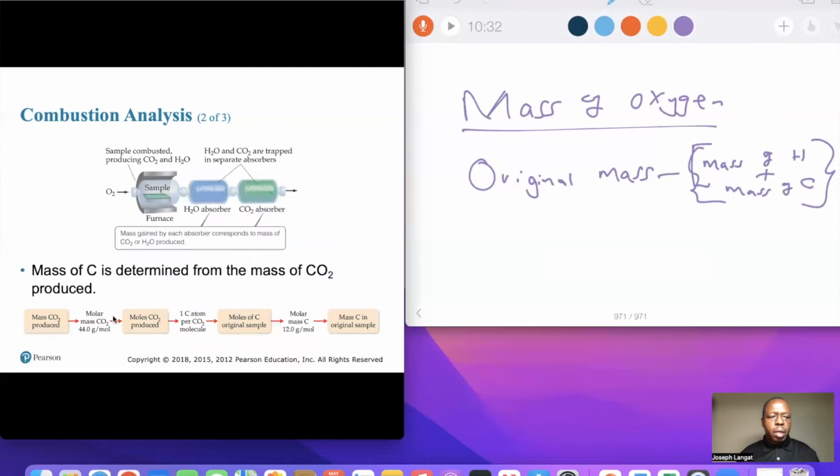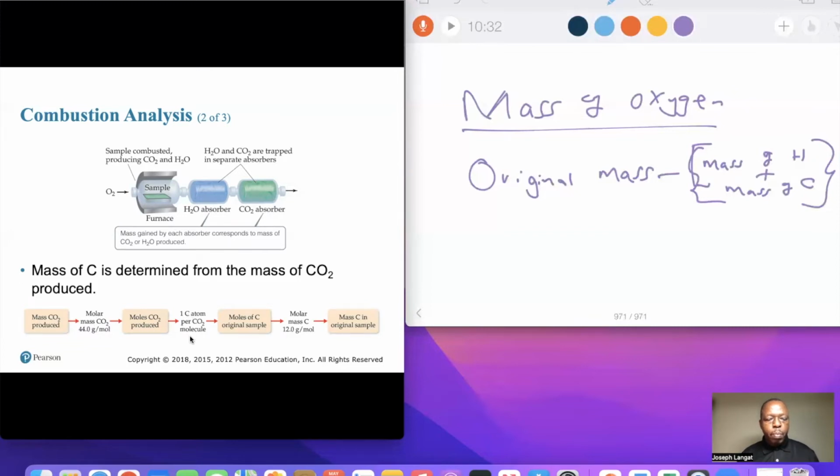So here is the roadmap for finding the mass of carbon. First, you start with the mass of carbon dioxide captured. This is how carbon dioxide is captured from the combustion chamber. This is how H2O is captured, and we determine its mass, and the mass of CO2. If you know the mass of CO2 produced, we convert to the number of moles of CO2 produced.